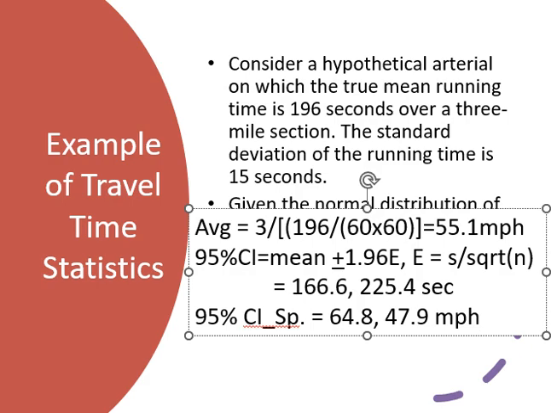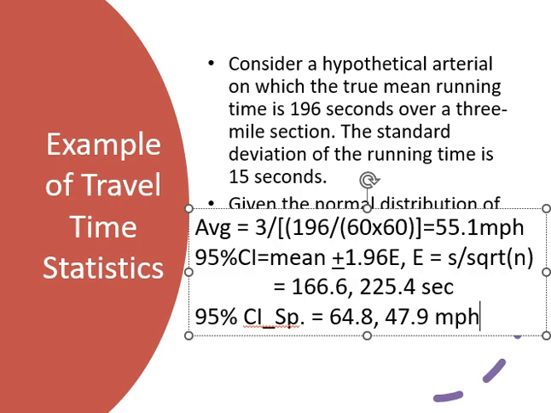Okay. Now this speed is the mean speed, right? The first one, 55.1, is the mean speed. We have studied two types of mean speeds: space mean speed and time mean speed. Which one is this, and which one is the mean of spot speed? Is this time mean speed or space mean speed?